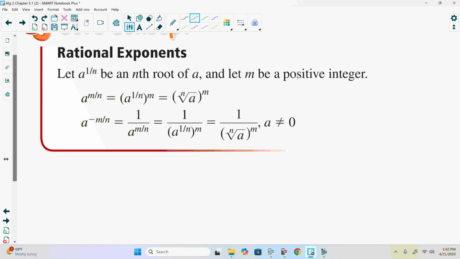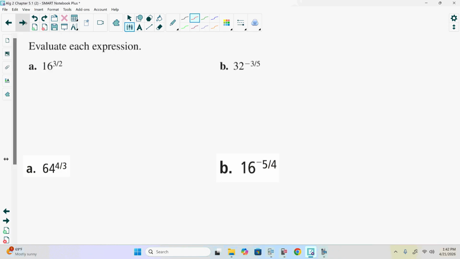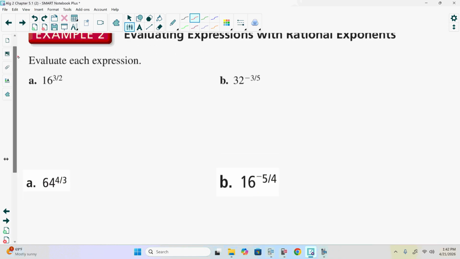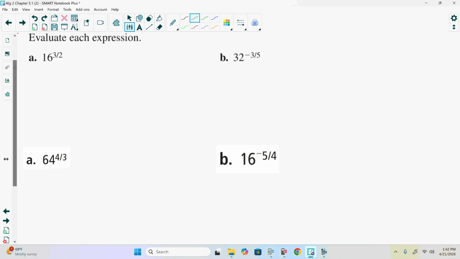Now, the reason I bring this up, or the reason this is helpful, is so let's look at the first one, 16 to the 3 halves. Let's say we don't have a calculator to actually work this out. So according to this here, we can rewrite this as 16 to the 1/2 to the third power. And from here, we can rewrite 16 to the 1/2 in radical form.